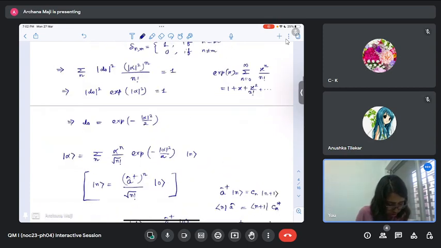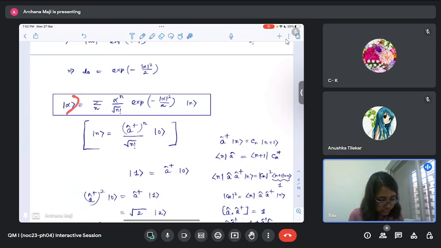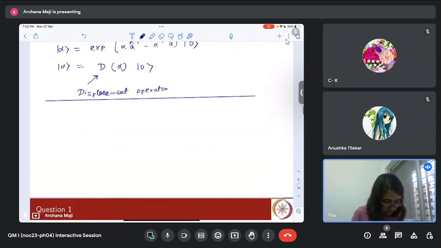And okay, now this is what I was searching for. So what I wanted to say is that you can see that the coherent state alpha is a linear superposition of n particle states.